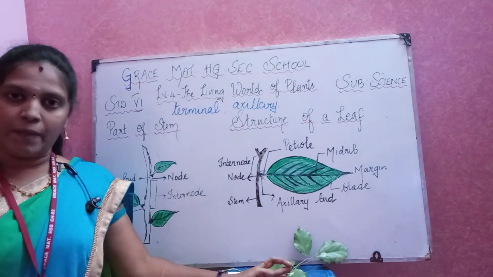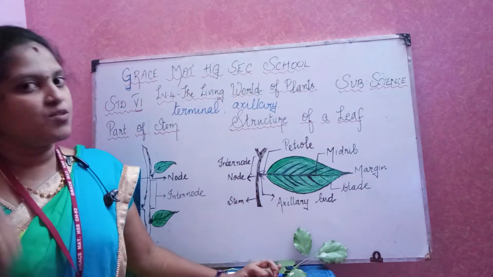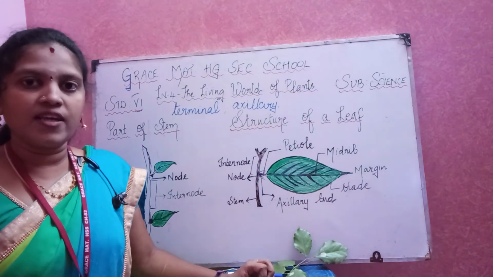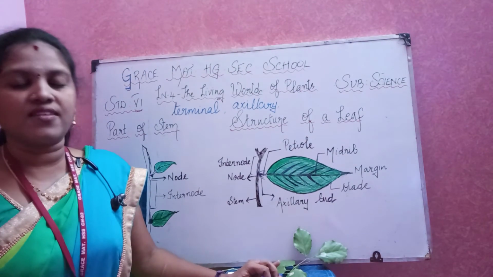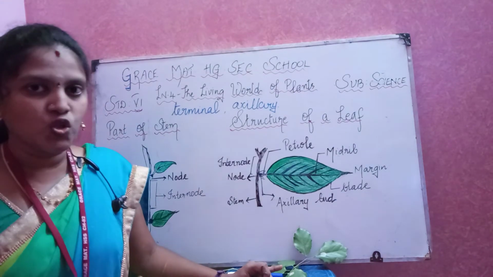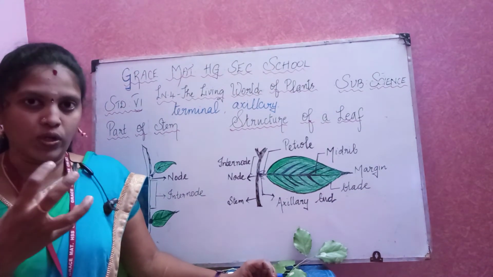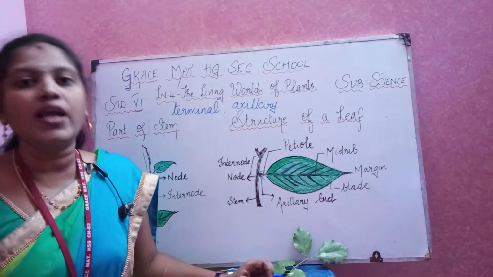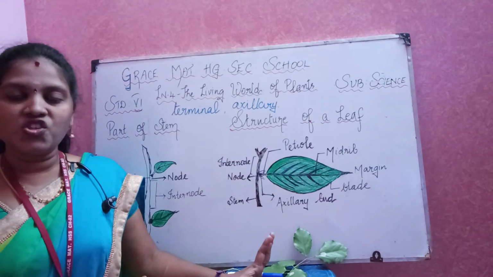Angiosperms are those whose seeds are enclosed within a fruit, whereas in gymnosperms you couldn't see the seed enclosed within a fruit. Cycas is a good example of gymnosperms, whereas the mango tree, which has seeds enclosed within a fruit, is an example of angiosperms. Are you all clear with this, children?